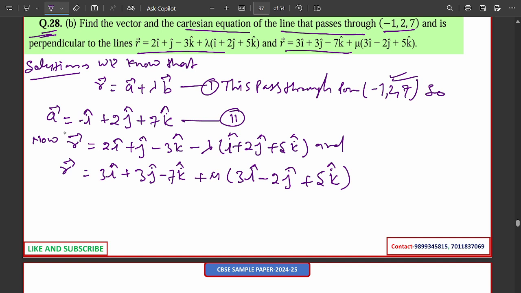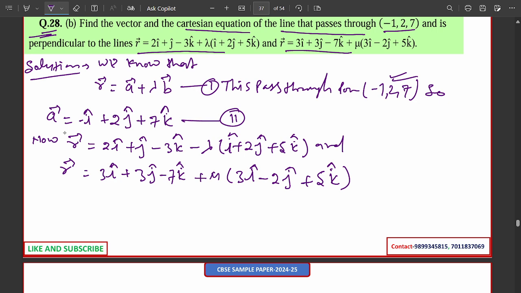So vector B is, with the help of these two, we have to find the vector B. The vector parallel is given by, first of all, we find the vector B, or we can also find B1 and B2, because two line equations are given.